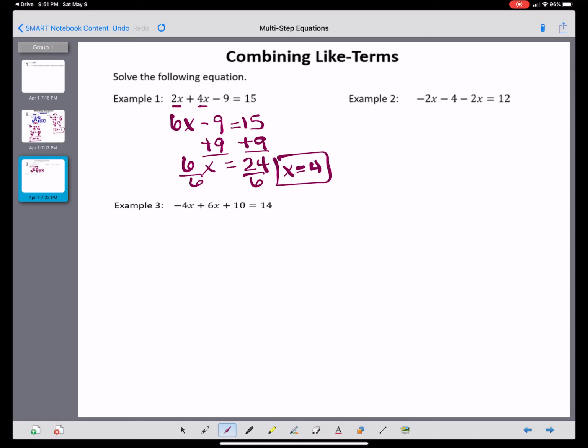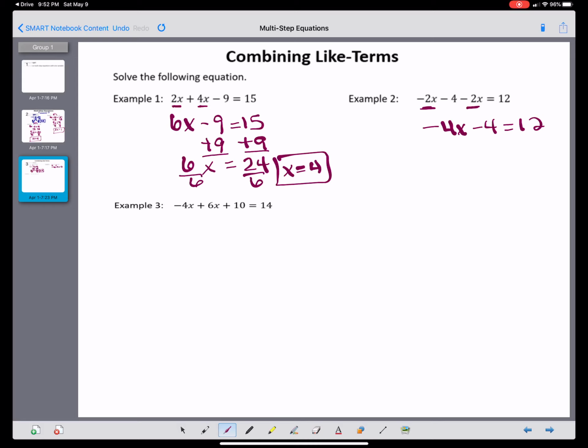Okay, let's combine like terms. On the left-hand side of the equal sign, I see a negative 2x, and then I see another negative 2x. I need to combine like terms. Negative 2 minus 2 is negative 4x. And then I'm going to bring down the negative 4, make it equal to 12.